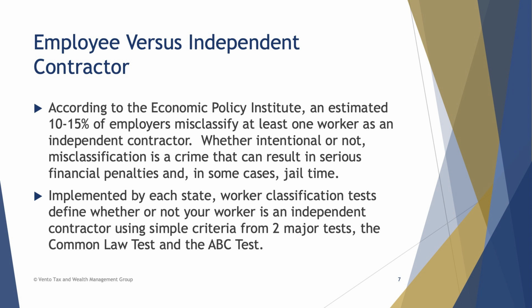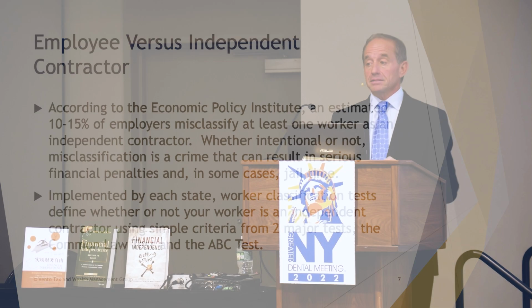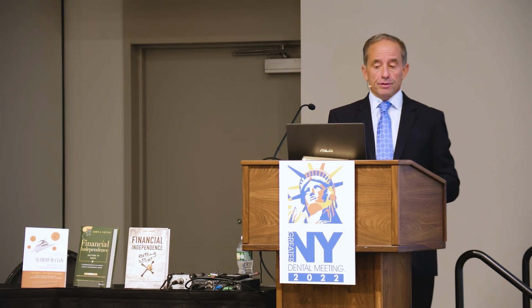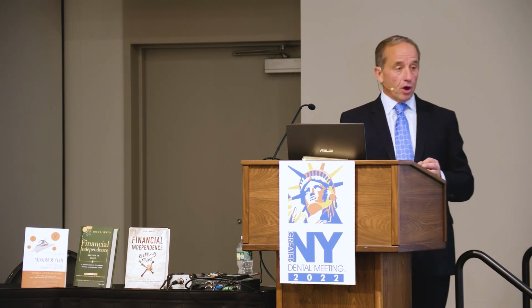Because if you're really an employee and you're getting paid as an independent contractor, that independent contractor who's really an employee disguised as an independent contractor, he or she is going to be able to take a huge amount of deductions that otherwise they wouldn't be able to take. So the government's losing major tax revenues because of that. So you need to be certain that if you pay someone as an independent contractor, they actually are.